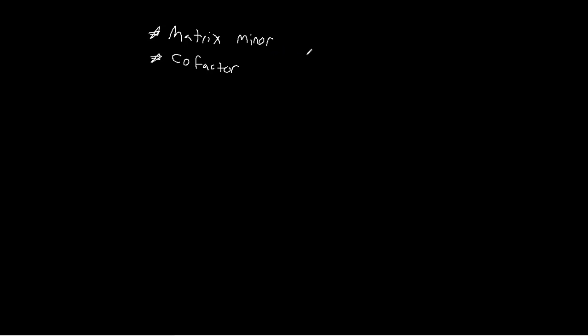I want to introduce some notation. Basically, you can think of the matrix minor as being a subset of the matrix created by removing 1 row and 1 column.